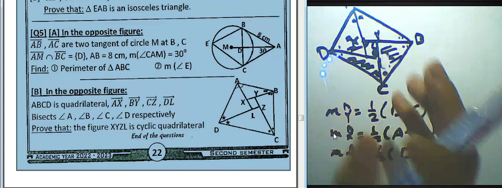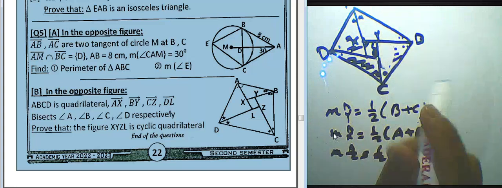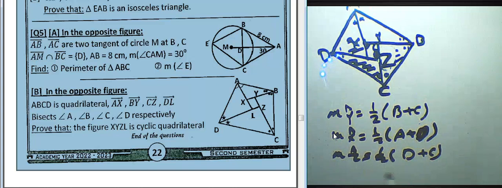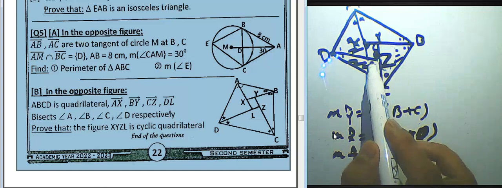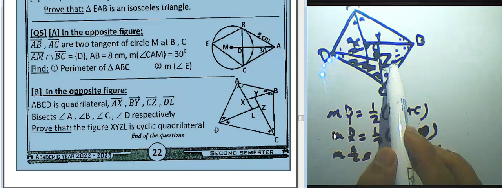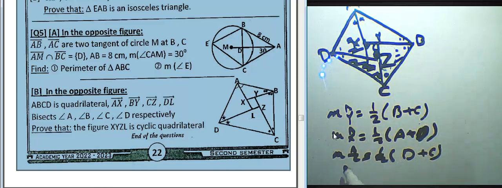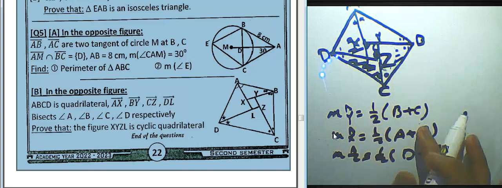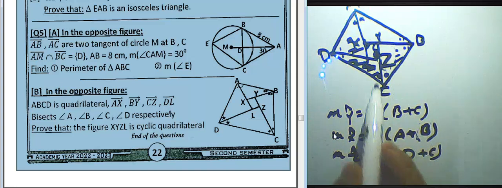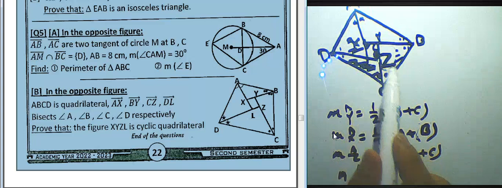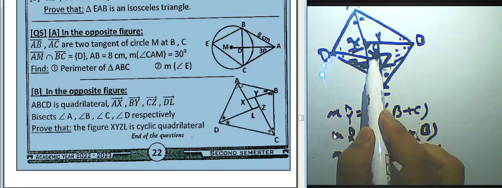This angle we call it what? Z. And the measure of angle L, this angle L, measure of angle what? We can write here X, A and B, X, A and B, okay, and L, A and D. L here is outside this angle, outside A and D.